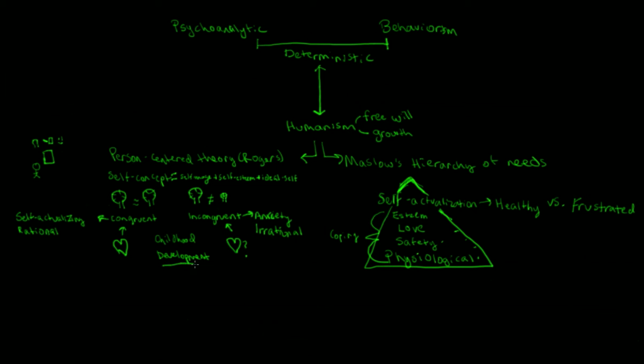A lot of theories have focused on childhood development of the self. And one kind of big theory is self categorization theory. And what self categorization theory said was that our self concept was made from our self identity and our social identity.